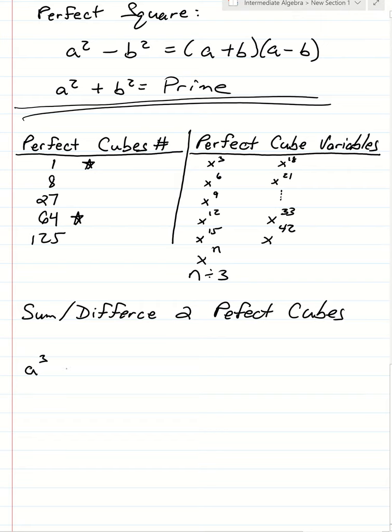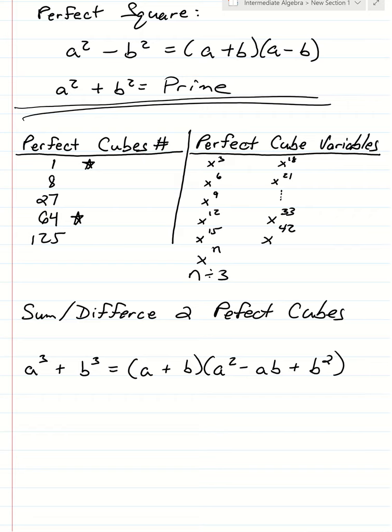A to the third plus b to the third is going to equal a plus b times a squared minus ab plus b squared. That is the formula for the sum of 2 perfect cubes.